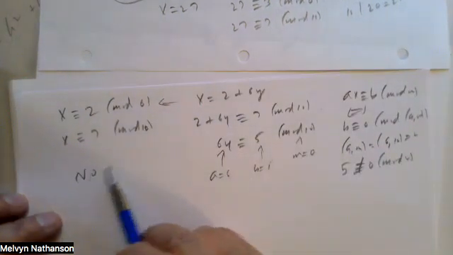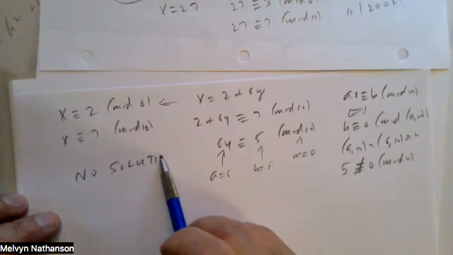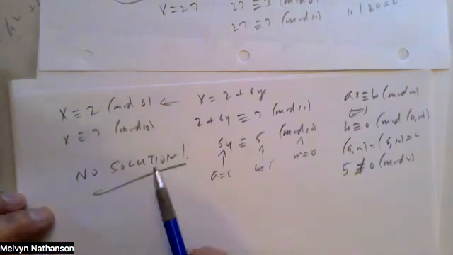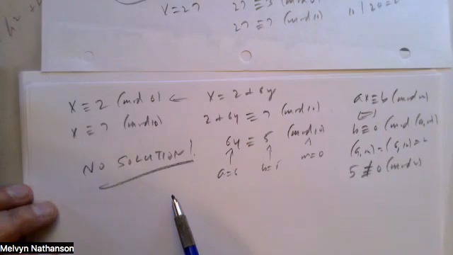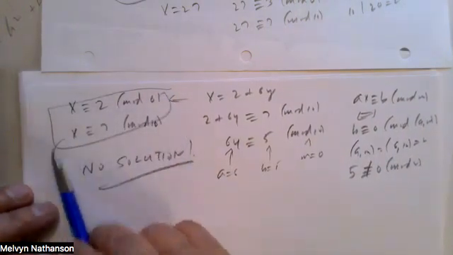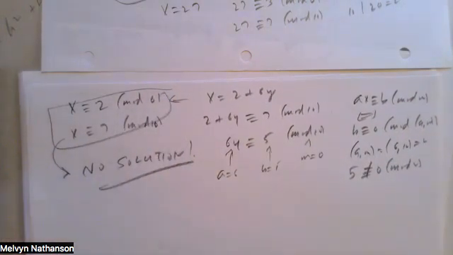So this has no solution. So this pair of congruences has no solution. So sometimes a pair of congruences has a solution. Sometimes it doesn't.